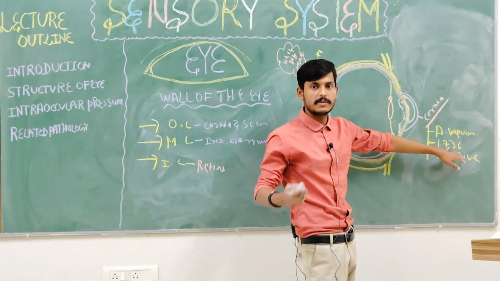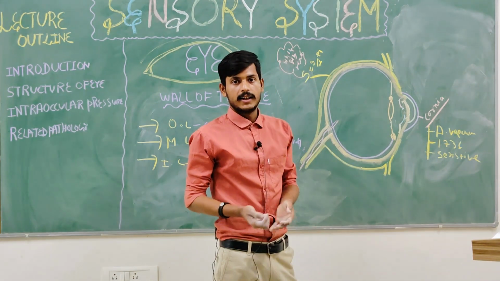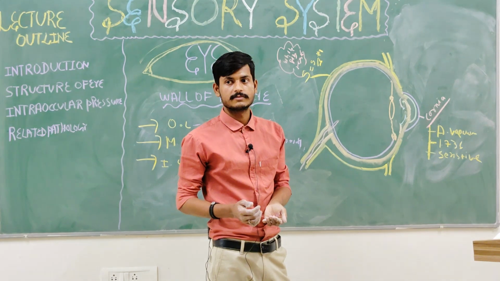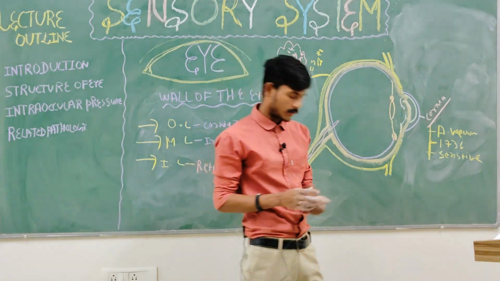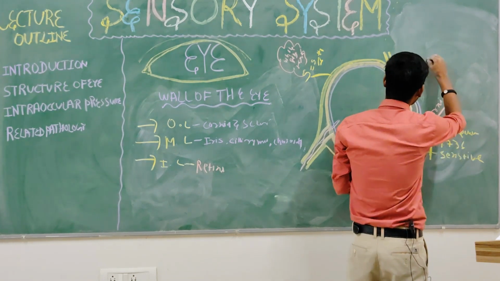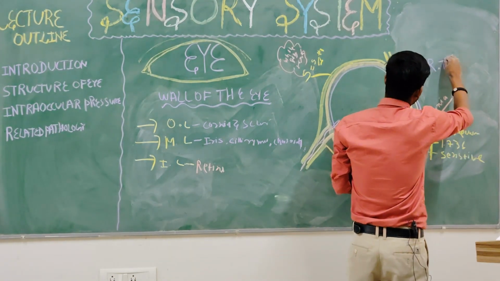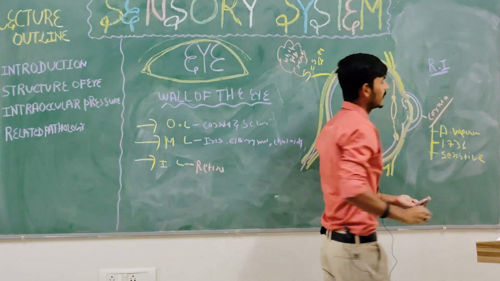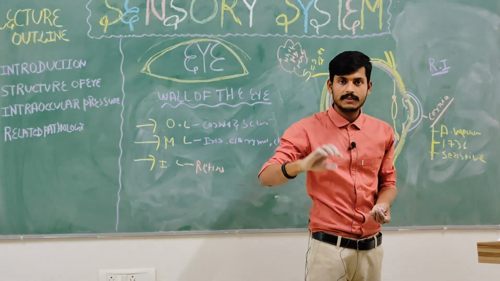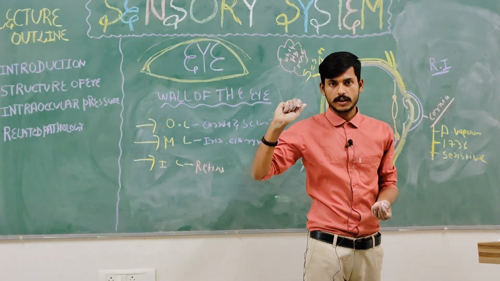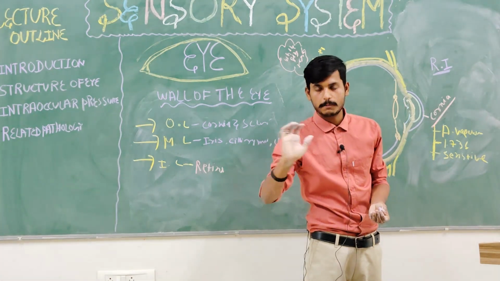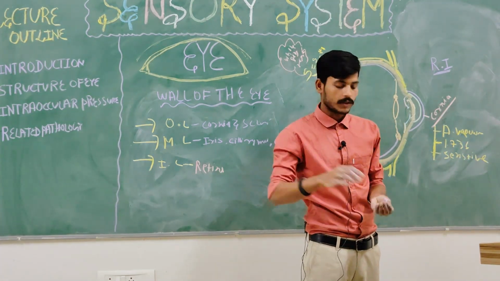What is meant by the refractive index? No problem, I will tell you. The refractive index denotes how light passes through an object. Is it refracted, deviated from its path, or does it go directly?